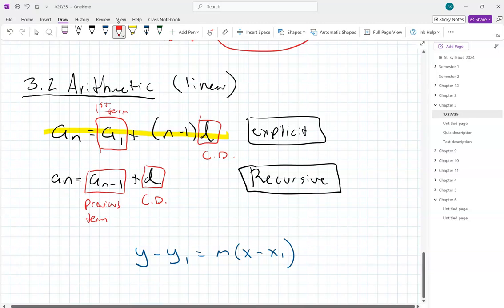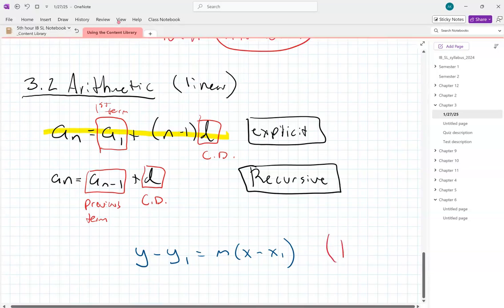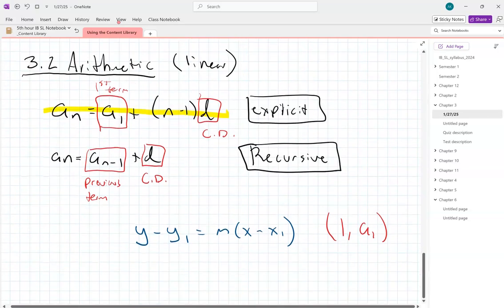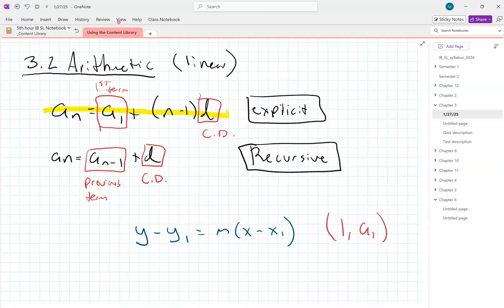If I rewrite this using the point 1, a sub 1, which is like the output from a sequence, where n is the independent variable and a sub 1 is the dependent variable, and I write this instead as n, a sub n.